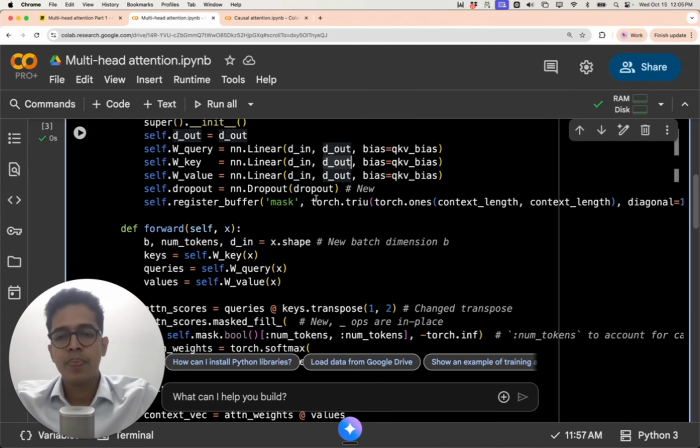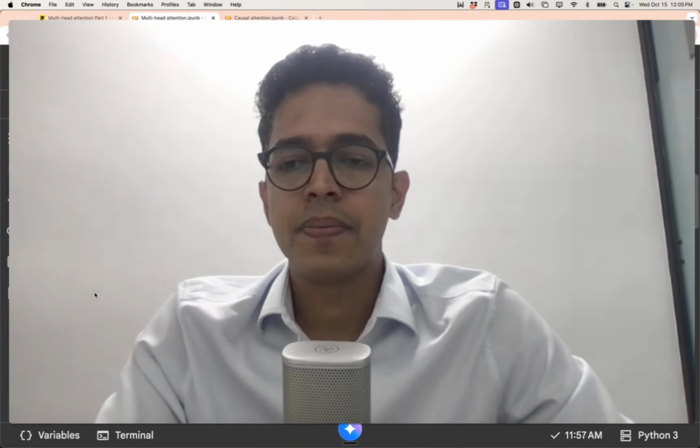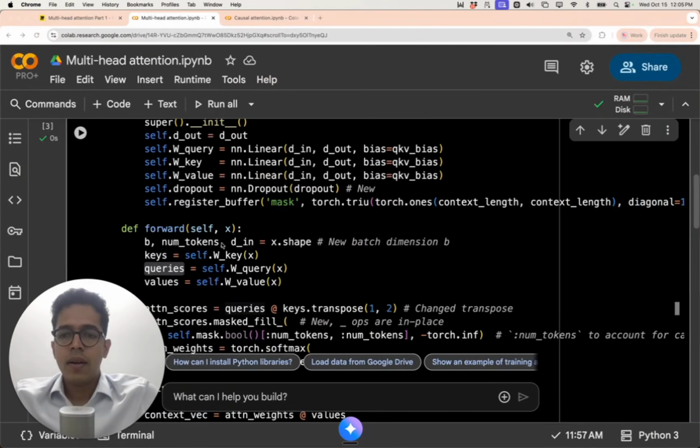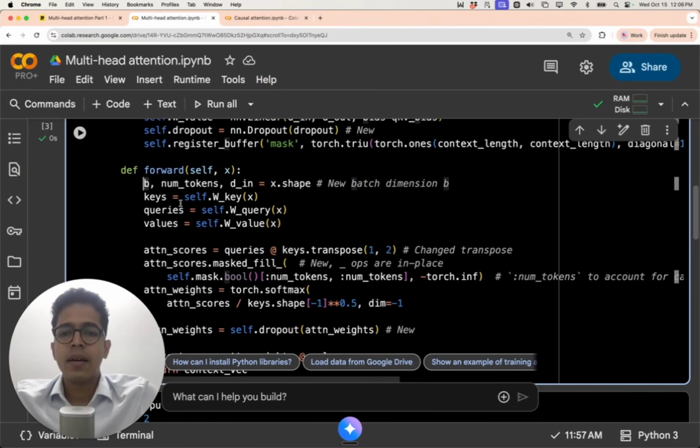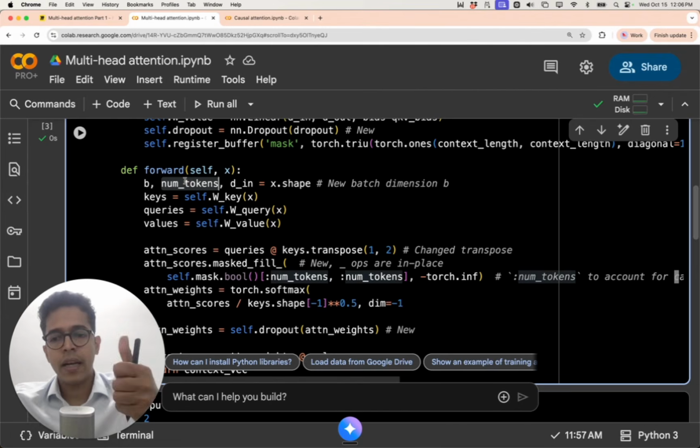So 3 by 2, as we saw earlier. Same thing happens to produce queries and to produce values. Now here, B is a new dimension that we are introducing, which is batch size. Usually we will have batch as a parameter, but other than that, the number of tokens is 6. Here the batch size is 1. The number of tokens is 6 because we have 6 words.